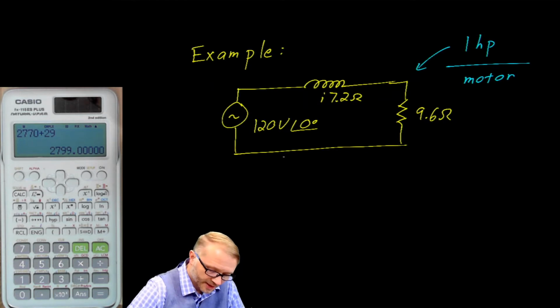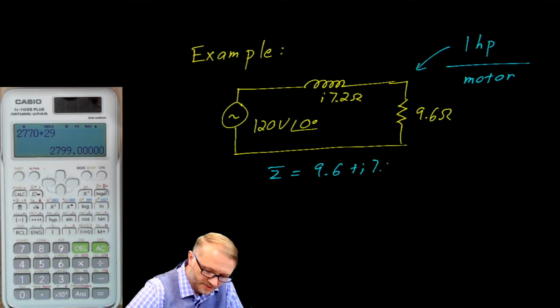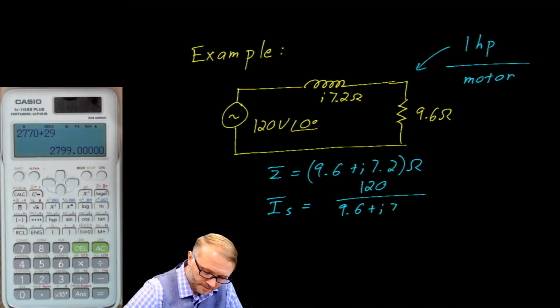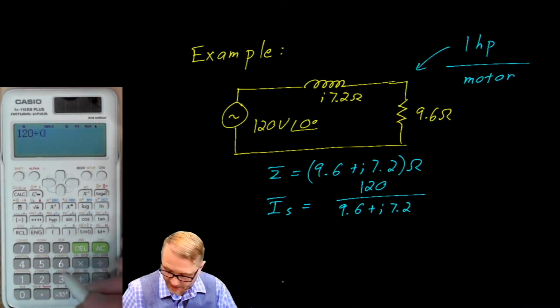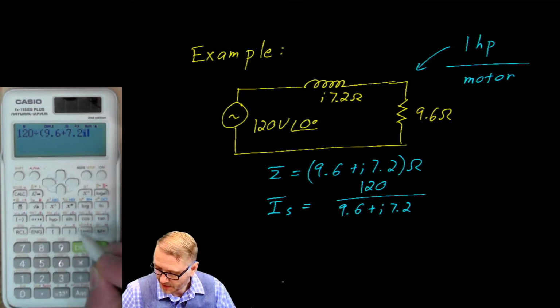With the tools we already have, we would calculate the impedance as 9.6 plus j7.2 ohms. From there, we could calculate the source current, which in this case is a voltage over that impedance: 120 divided by (9.6 plus 7.2j).